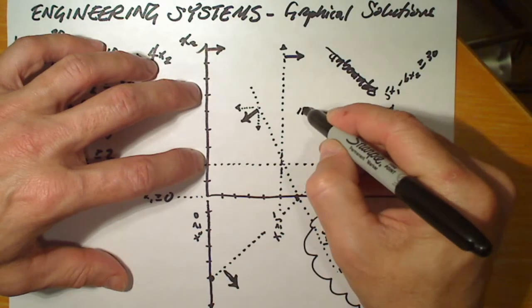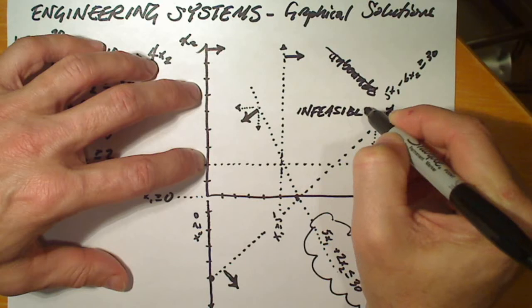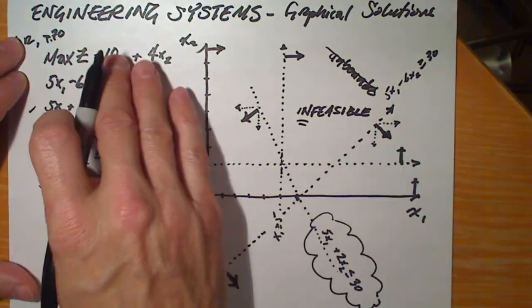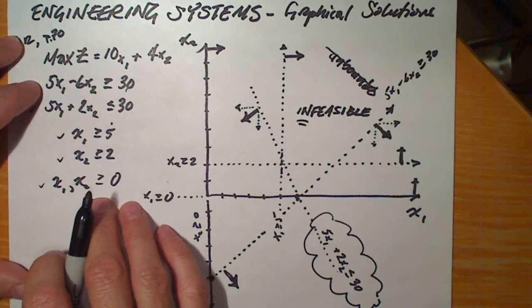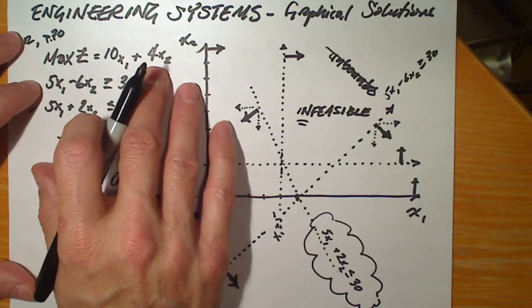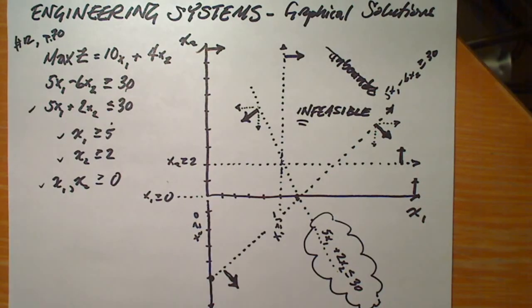There is no feasible region. That means there's no feasible solution that satisfies all of the constraint equations. We needn't even concern ourselves with the objective function because there's no solution that we can make work.